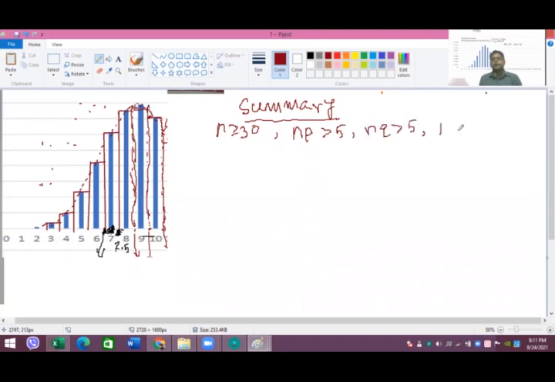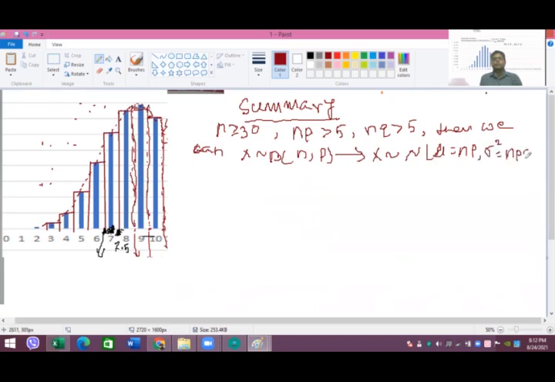Only then can we say the binomial distribution can be approximated by a normal distribution with mu equal to n times p and variance n times p times q.